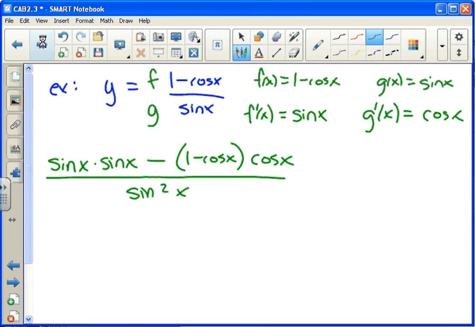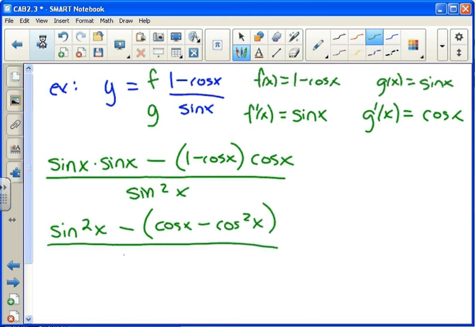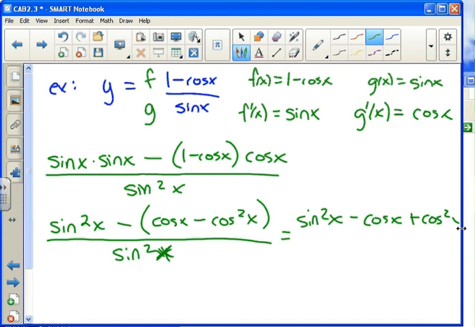So if I start simplifying the top, sine times sine is sine squared, and then I distribute the cosine x in, divide the whole thing by sine squared x. Then on top I'll go ahead and distribute the negative through, so sine squared x minus cosine x plus cosine squared x, all divided by sine squared x.